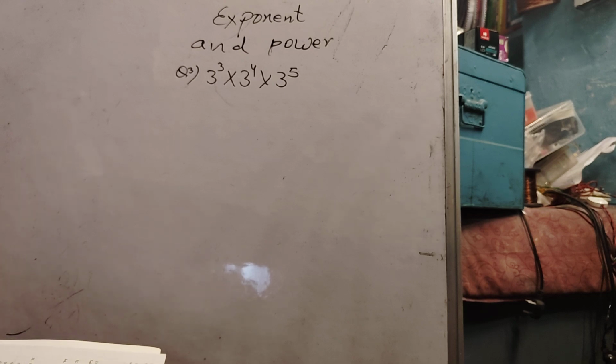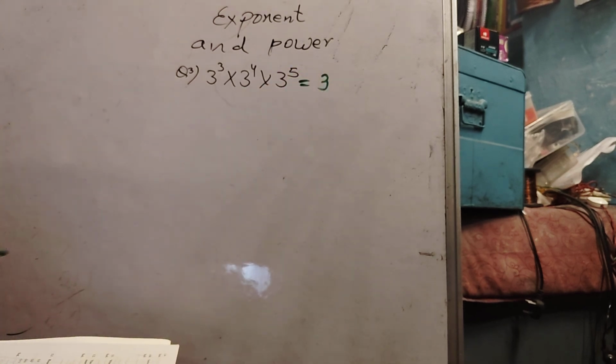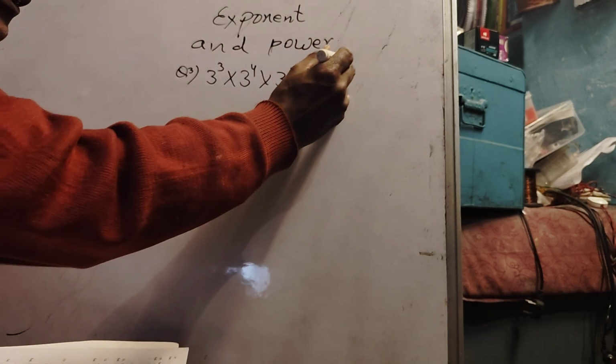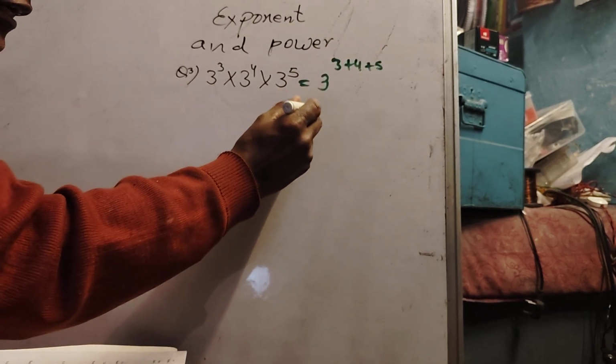The base number is 3, and the power is 3 plus 4 plus 5, which is 12. So 3 power 12. Correct.